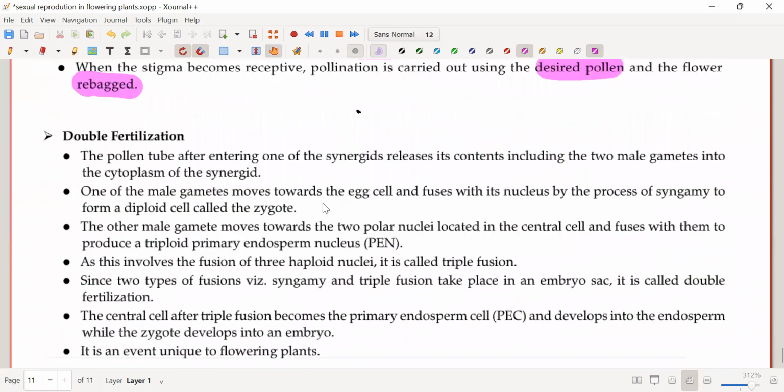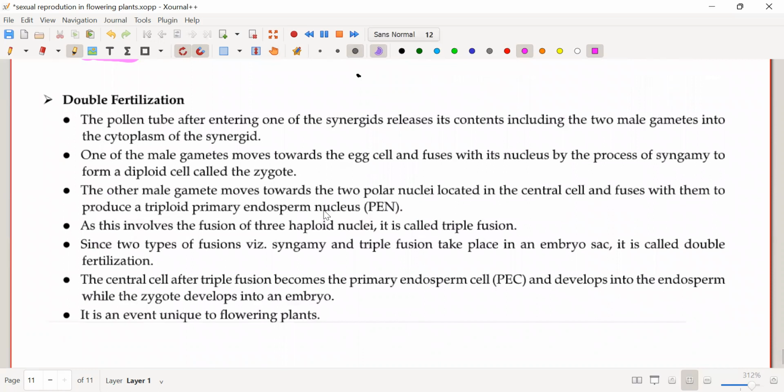Then, the last part of the second topic is double fertilization. The pollen tube, after entering one of the synergids, releases its contents, including two male gametes, into the cytoplasm of the synergids. One male gamete moves towards the egg cell and fuses with the nucleus by the process of syngamy.